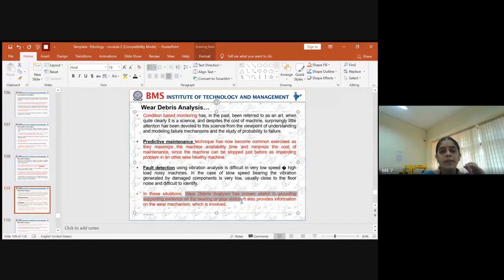Along with this, wear debris analysis also provides information on the wear mechanism. We have studied wear mechanisms already, but it still tells you which wear mechanism is happening.